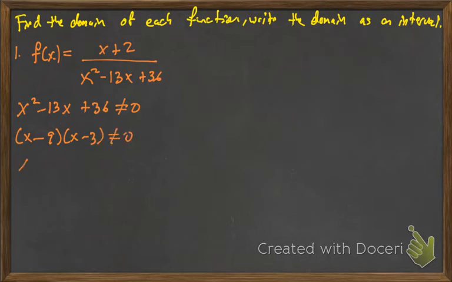No, it's not 3, it's 4. Sorry. I may have made that error, so we'll have to fix that as we go along. So x cannot be 9 and x cannot be 4.